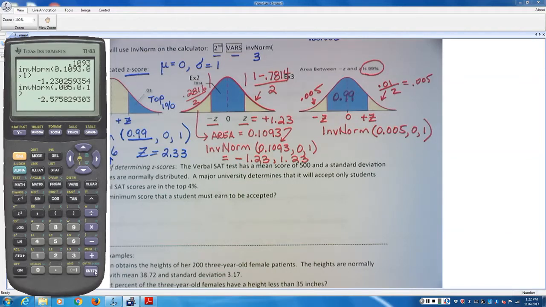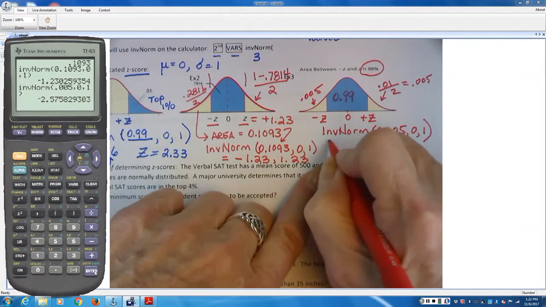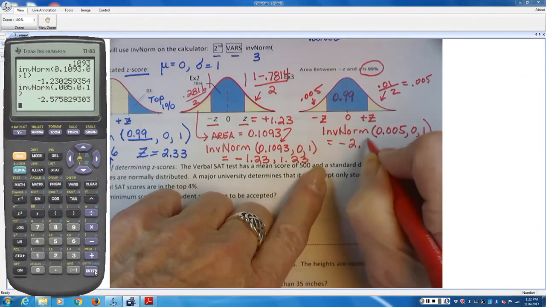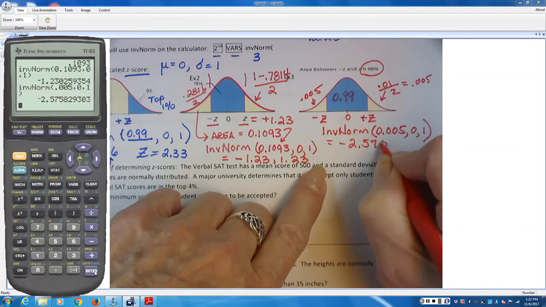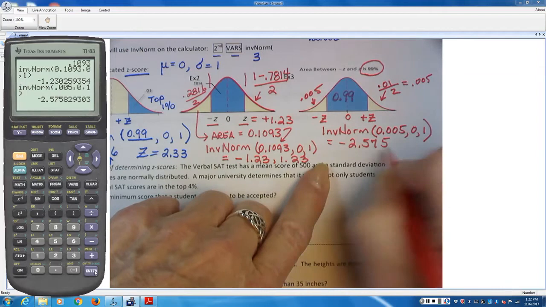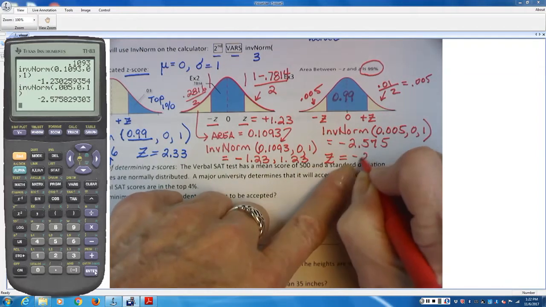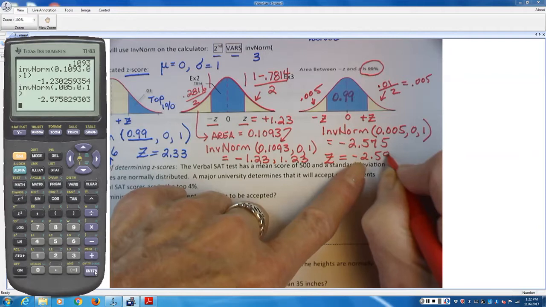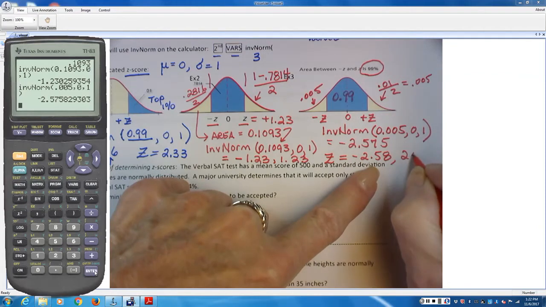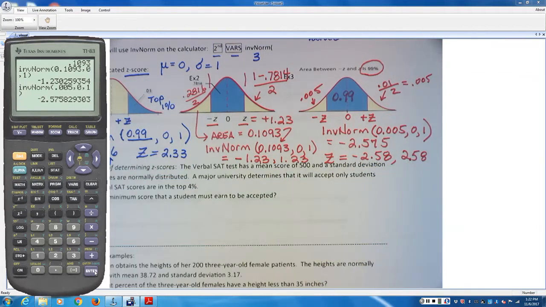And so that z-score is negative 2.575. Which gives us that z then is equal to negative 2.58 and positive 2.58. There's both your answers. Okay?